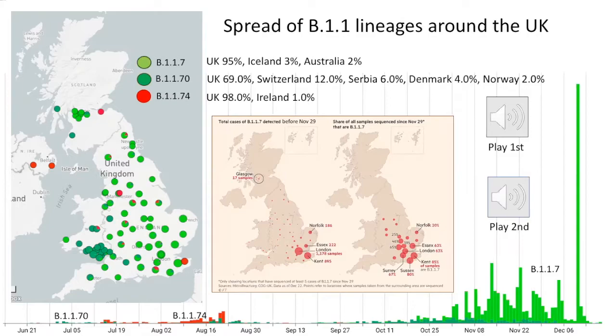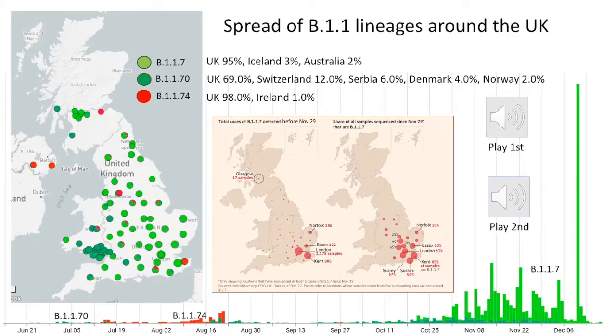The first map on the left shows the distribution of 3 other lineages, B117, B1170 and B1174. Now both of these other lineages, B1170 and B1174, were thought to be possible candidates that show greater spread.